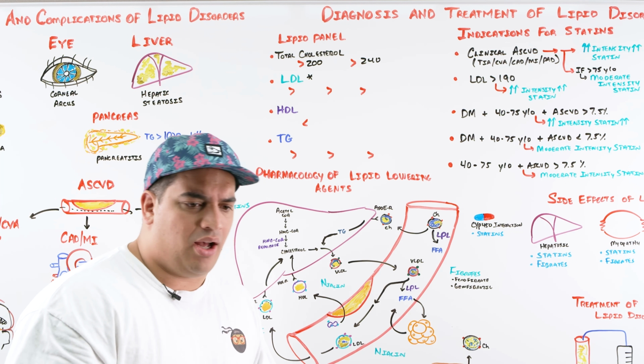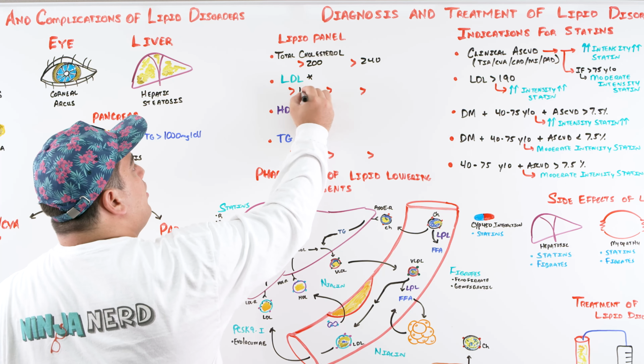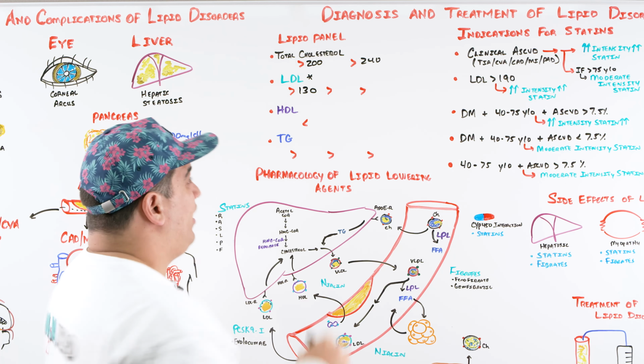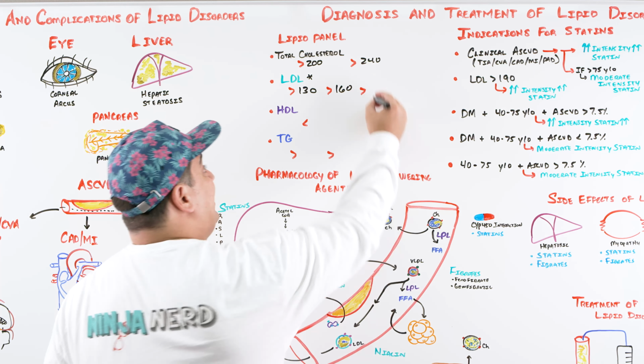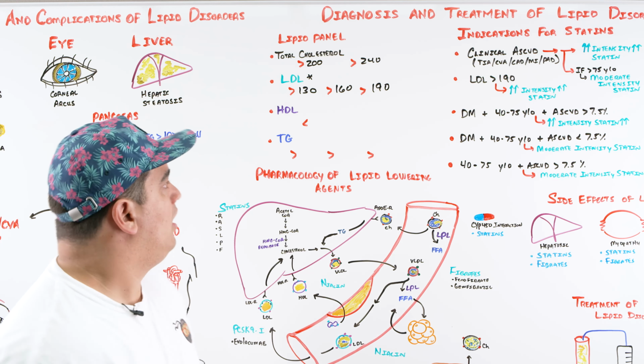So whenever LDL, the low density lipoprotein, that bad cholesterol, is greater than 130 milligrams per dL, that's pretty high, but it's like in that borderline. Whenever it's greater than 160, it's high. And whenever it's greater than 190, it is very high and very, very concerning, okay?